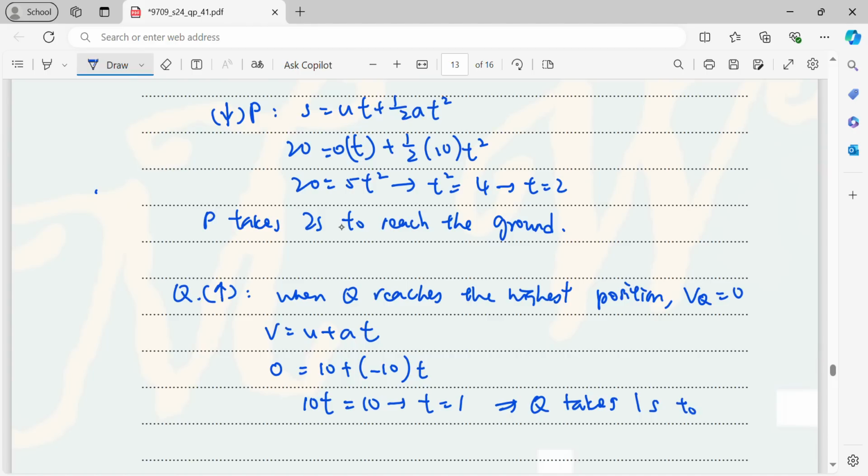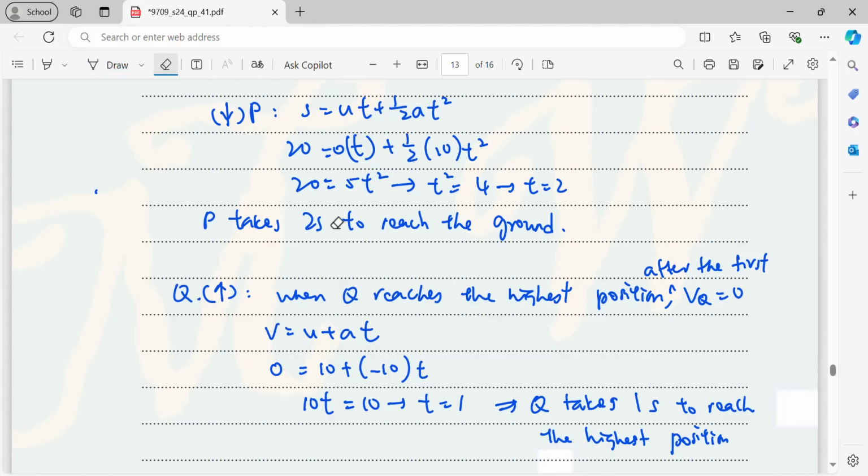One second to reach the highest position. This is after the first collision. Right.